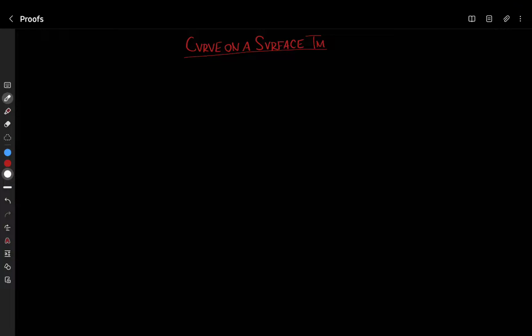Curve on a surface theorem. So what's the claim? Well, let phi be a function from some subset U of the k-dimensional real space into the n-dimensional real space, and let it be a k-chart.